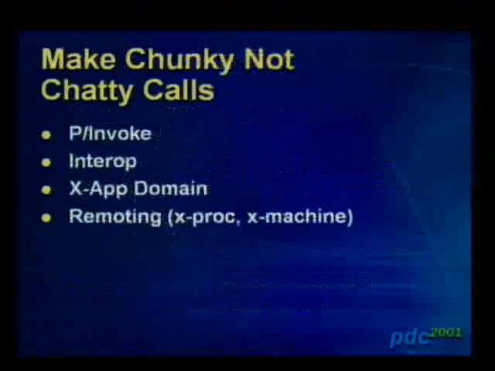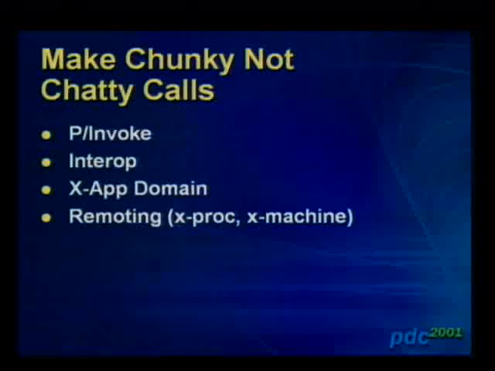And the next aspect you should make sure to do is, anytime you're making a method call that has a cost associated with it, whether it is a pinvoke call, in other words, you're calling out to an entry point in an unmanaged DLL, you're calling out to a COM object through our COM interop layer, or you're making cross-app domain remoted calls or cross-process or cross-machine remoted calls, you should try to make few chunky calls as opposed to lots of little chatty calls.